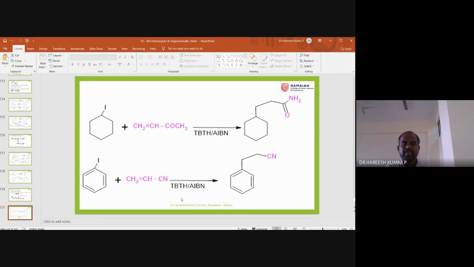So what is here again? AIBN is a radical initiator. So there will be a formation of radical, and that radical leads to the formation of radical here. This radical forms a bond with this carbon, and there will be a formation of radical here. This radical picks up a hydrogen radical from the TBTH. TBTH means tributyl tin hydride.